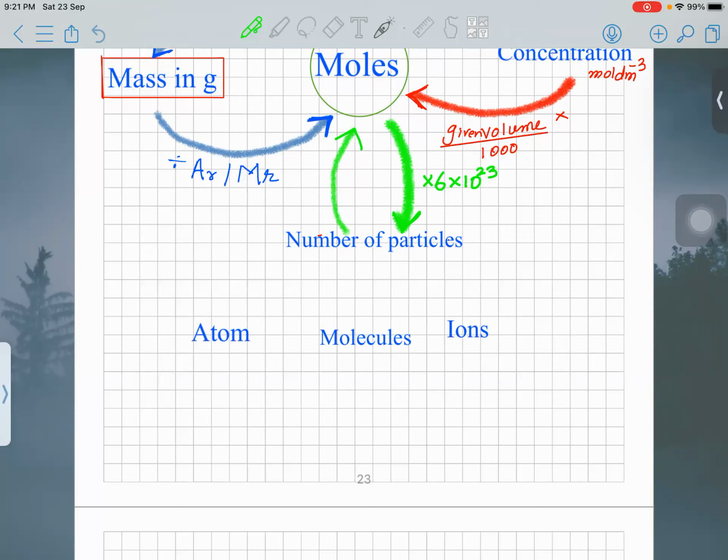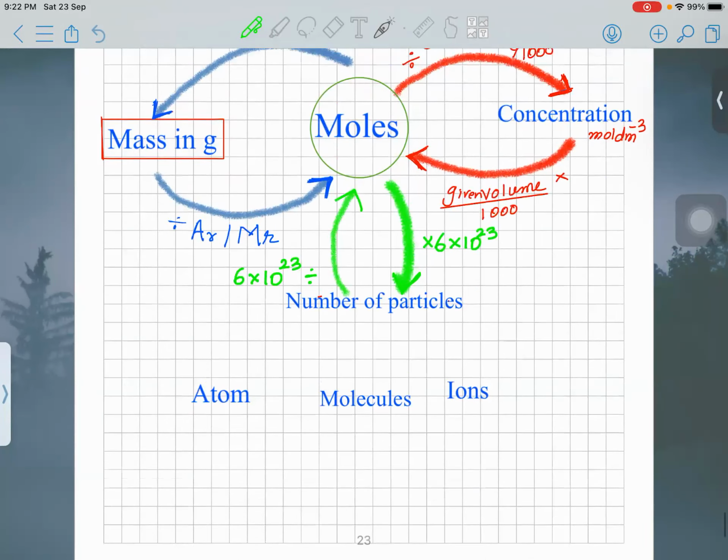Sir, we discussed it. Avogadro constant. Yes, this is Avogadro constant. Okay. So when you divide it by 6 into 10 to the power 23, you will get the number of moles again.